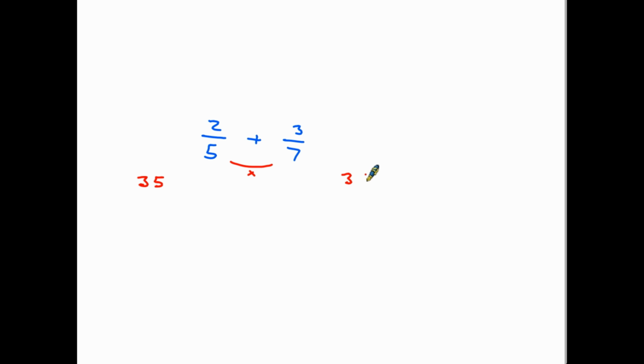So what I'm going to do is create two new fractions. One is going to be the equivalent of 2/5 and the other is going to be the equivalent of 3/7. Once we have created these equivalents, they'll have the same denominator. So we need to ask, what did we just do to the 5 to turn it into 35?